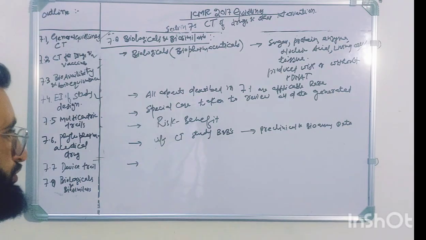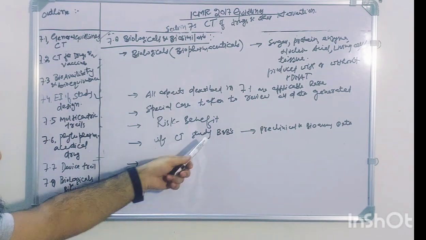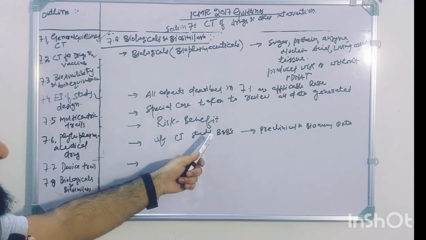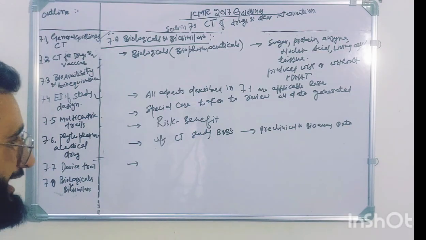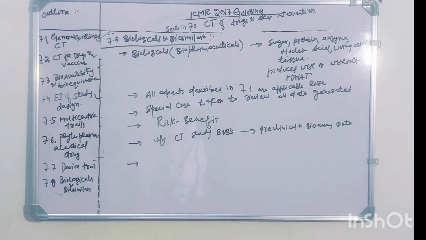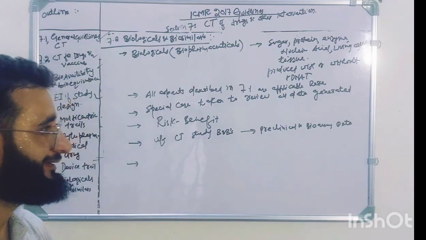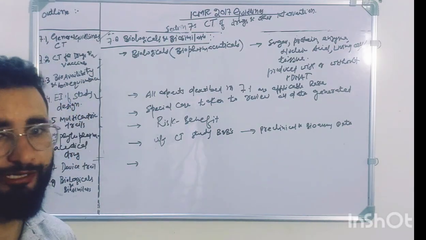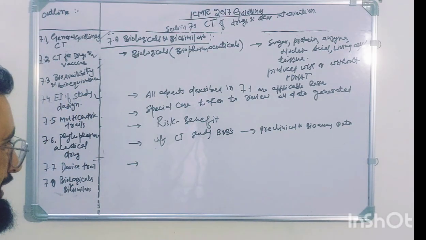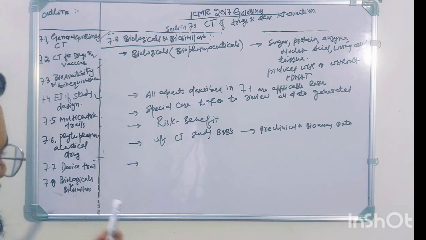The study should be carried out on the basis of risk-benefit assessment. If clinical trials for biologicals and biosimilars are carried out, then the preclinical and bioassay data should be obtained before carrying out these clinical trials. So this is all about that. Then we will see the next.